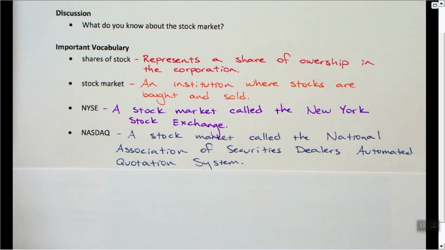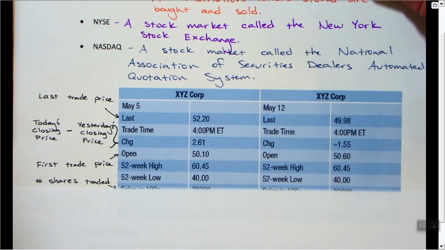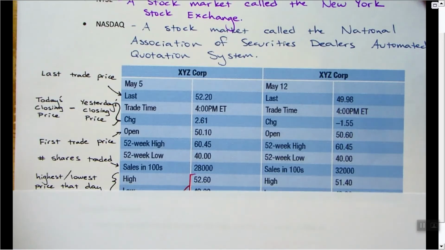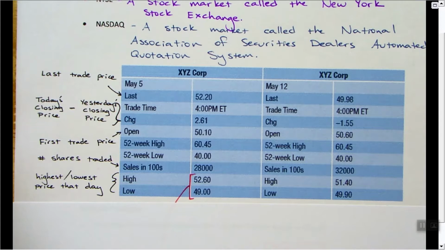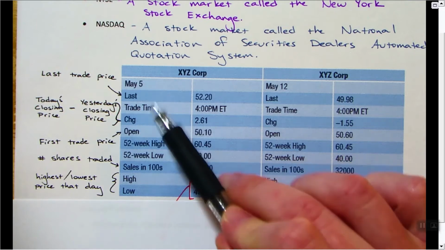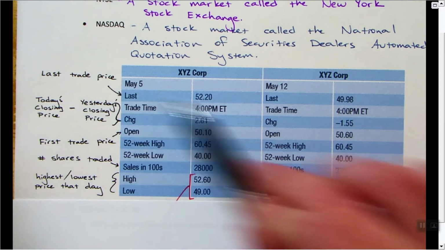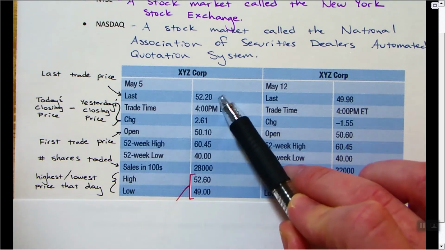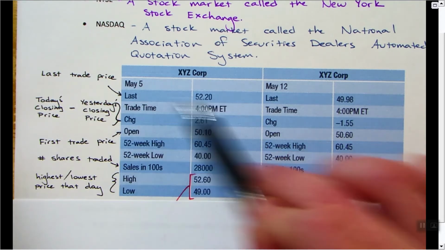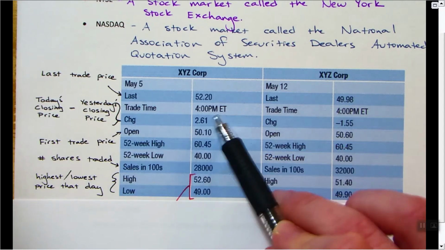Now, the next thing is we'll be looking at some charts that look like this, and you should be aware of what these different things mean. So here is the date. This is for May 5th. Last is the price. One share of stock was traded for $52.20 as the last trade on May 5th, and that was the time at which it happened.